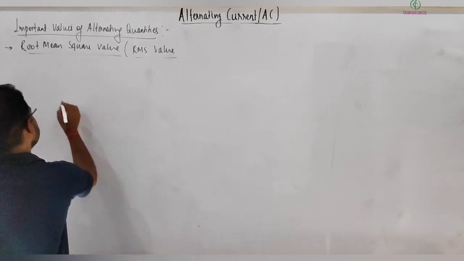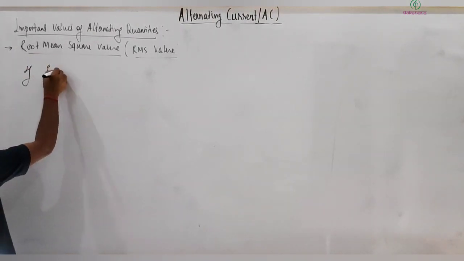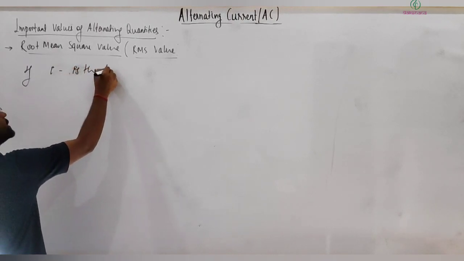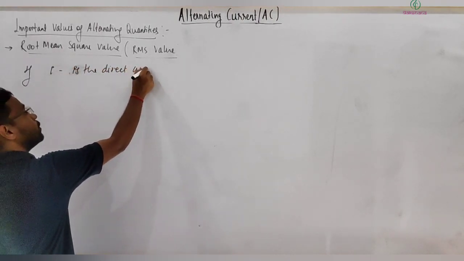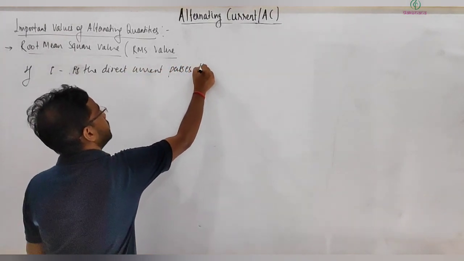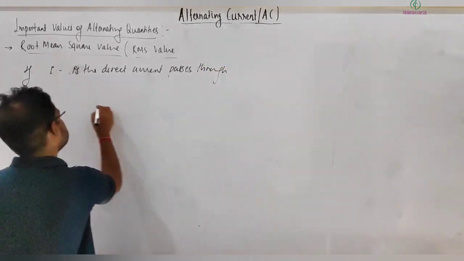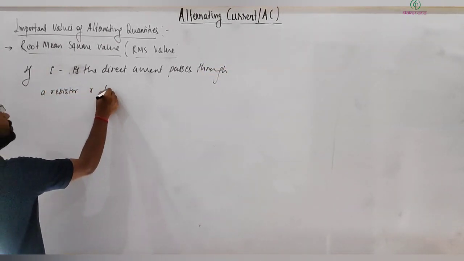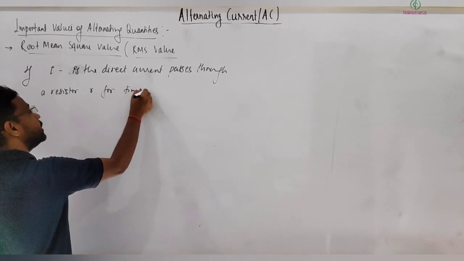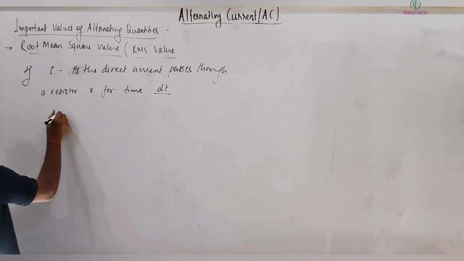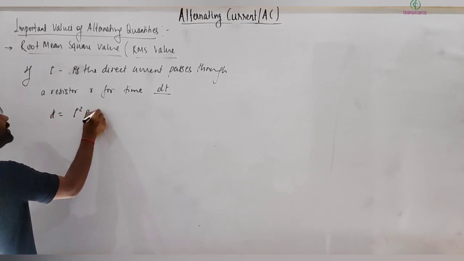Here, let's say I naught or I is the direct current that passes through a resistor R for time dt. How much heat will it produce? I can write I square R into dt.